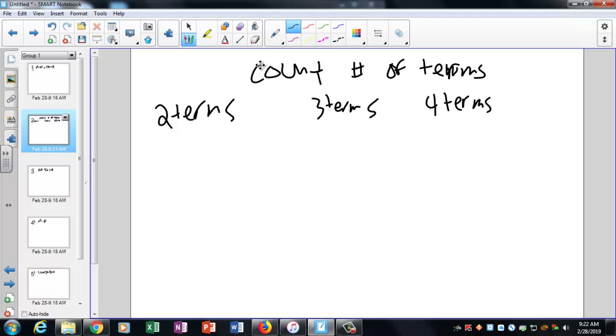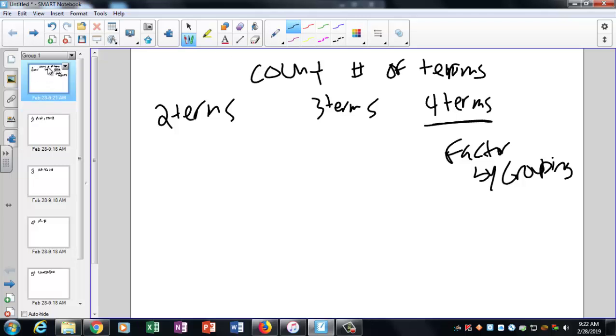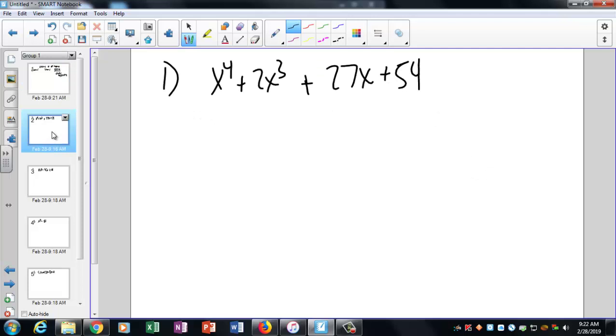And every time we have 4 terms, we're going to factor by grouping. As we look at this problem, we realize that this has 4 terms.